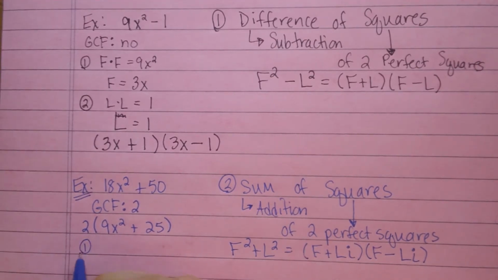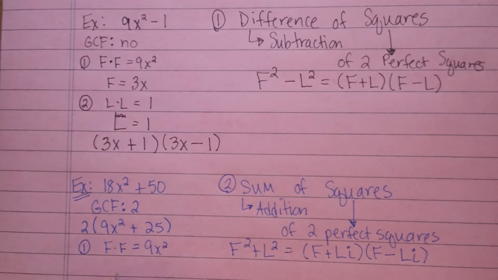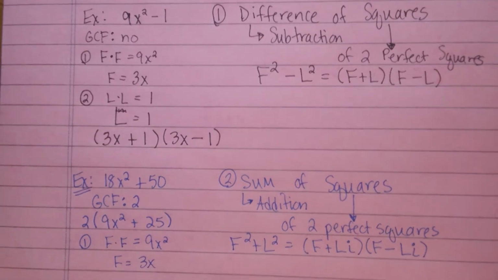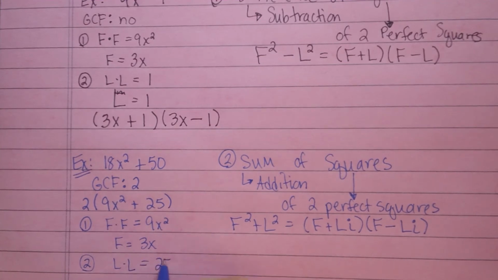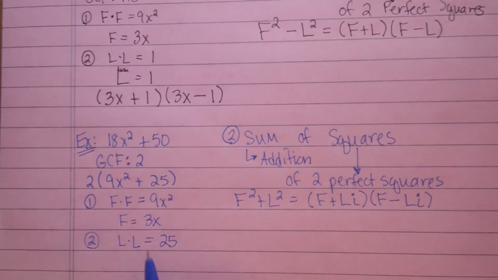First thing I want to identify is what the f term is going to be. So I notice that f times f is 9x squared, which tells me that f will be 3x. Next I want to find my last term. Noticing that last times last is 25, that tells me that l is 5.